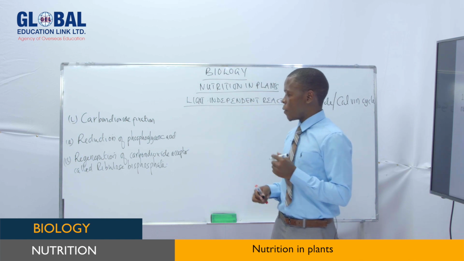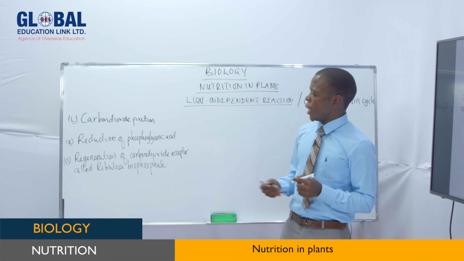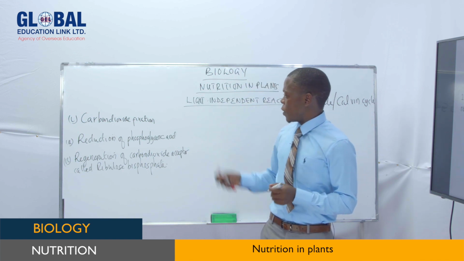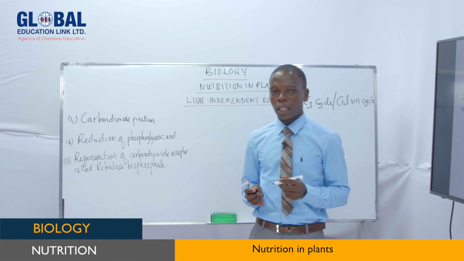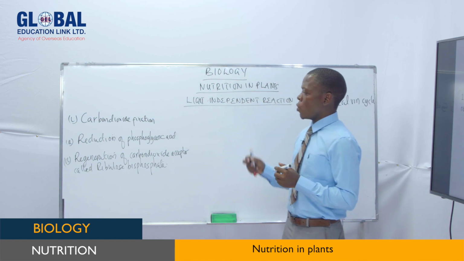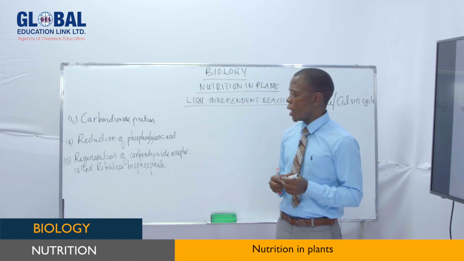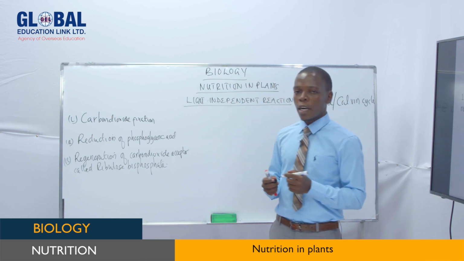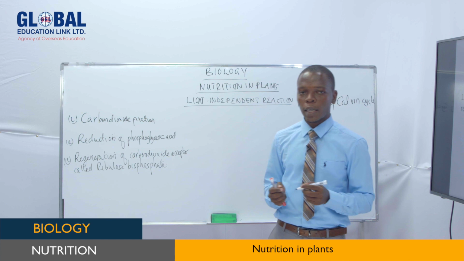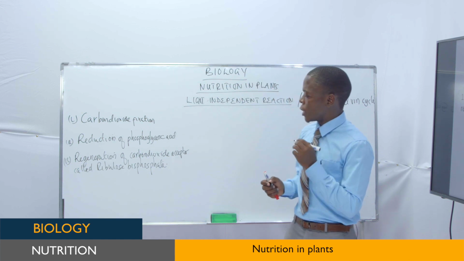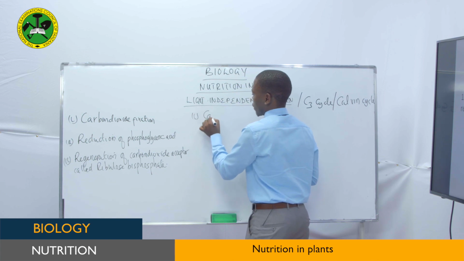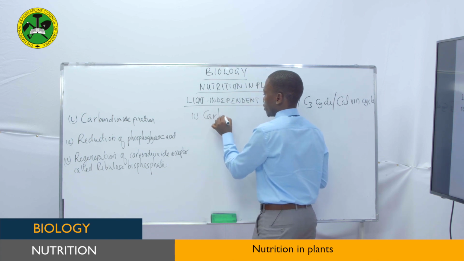Let us go through these phases of light-independent reaction. Let us see how carbon dioxide fixation occurs, how reduction occurs, and also how regeneration of this carbon dioxide acceptor occurs. Starting with the first phase, carbon dioxide fixation.